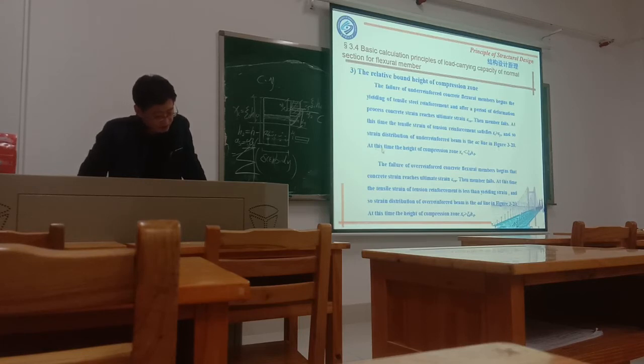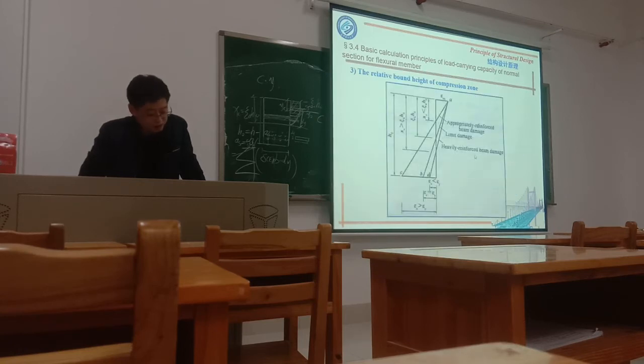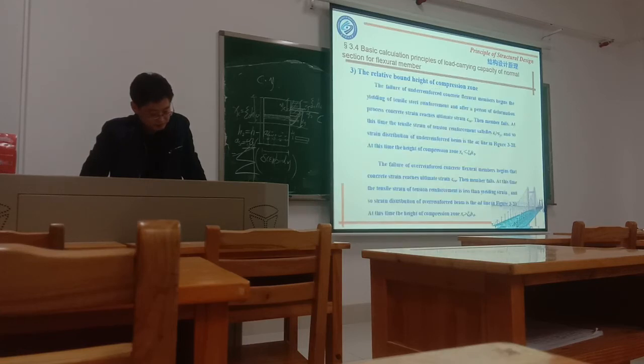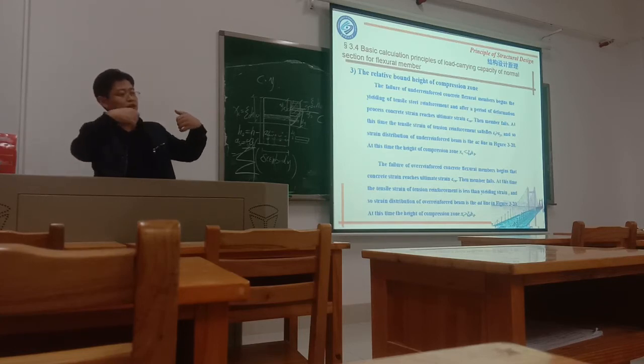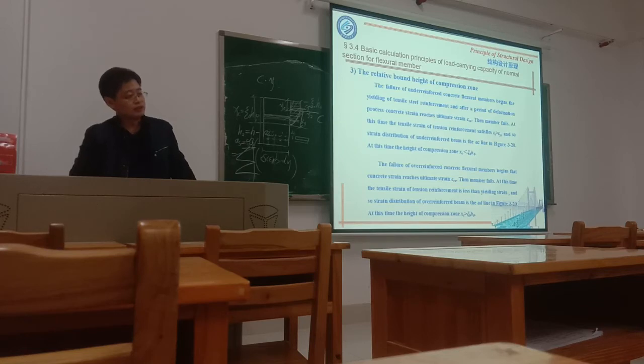In this figure at this time, the height of the compression zone x is smaller than this height. And the failure of the over-reinforced concrete flexural member begins when the concrete strain reaches the ultimate strain and the member fails, because for over reinforcement it depends on the compressive strength of the concrete.